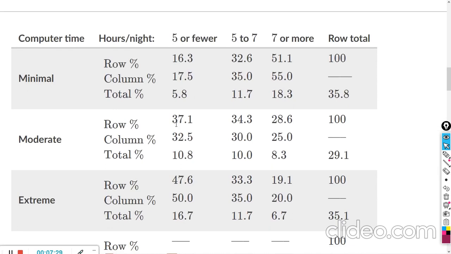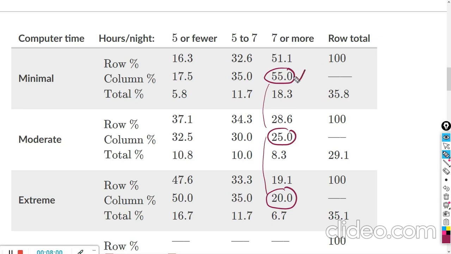Let's see. So if you add up the totals for 7 or more hours, the column percentages, we have 55, 25, and 20, okay? So these three add up to 100%, right? So most of the people that get 7 or more hours are minimal computer users.